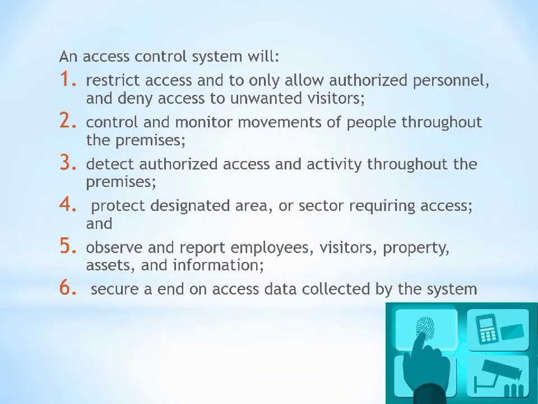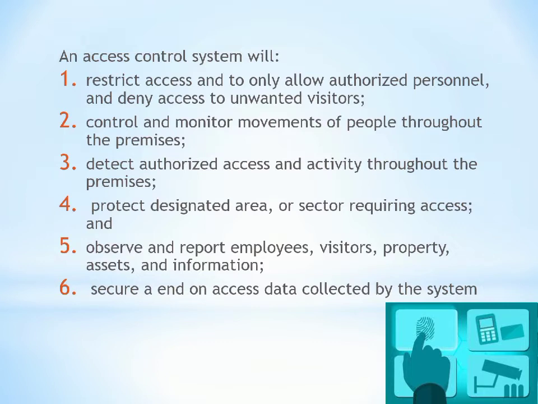This access control system will first restrict access and only allow authorized personnel and deny access to unwanted visitors. Second, control and monitor movement of people throughout the premises. Third, detect unauthorized access and activity throughout the premises.